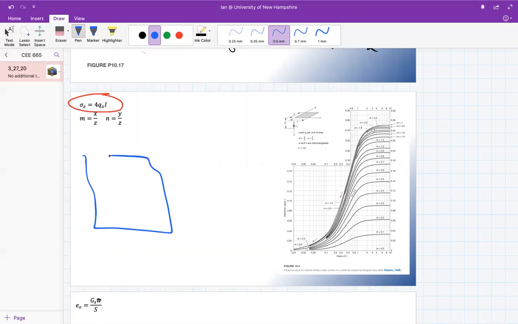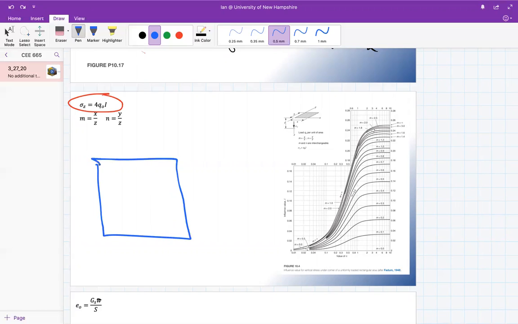That's very not square. All right, third time's a charm. There we go. So this is our foundation mat, and it's saying we've got 17 by 17. And we need to know the stress distribution underneath the center of our foundation.